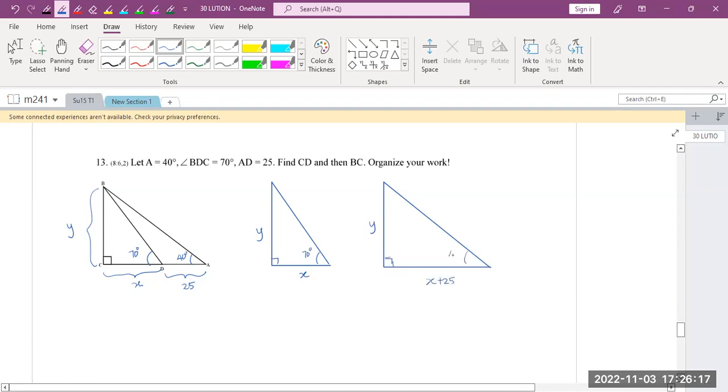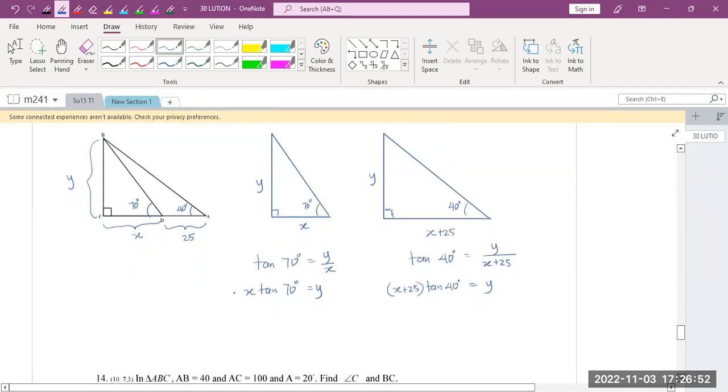Now this is 40 degrees. In the first triangle, tangent 70 degrees equals Y over X. So X tangent 70 degrees equals Y. In the second triangle, however, tangent 40 degrees equals Y over X plus 25. So Y is equal to X plus 25 times tangent 40 degrees. Now both of them equal Y, so I can equate them to each other, right?